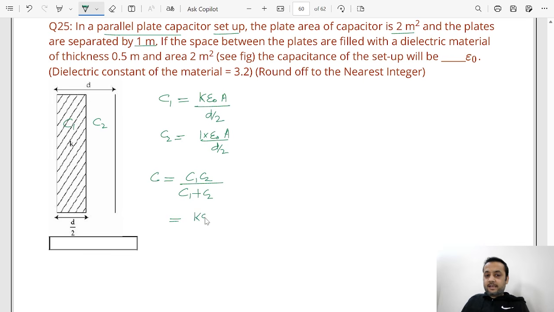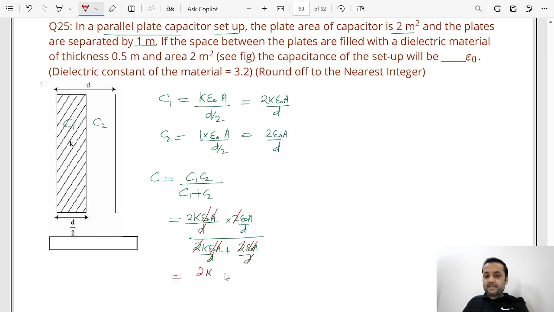The 2 you can take up, so C1 you can write as 2K epsilon naught A by D, and C2 as 2 epsilon naught A by D. So C equivalent is 2K epsilon naught A by D into 2 epsilon naught A by D, divided by 2K epsilon naught A by D plus 2 epsilon naught A by D. Cancelling, in the numerator we are left with 2K epsilon naught A by D, and in the denominator we have K plus 1.